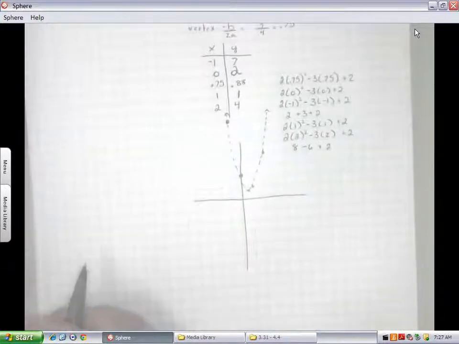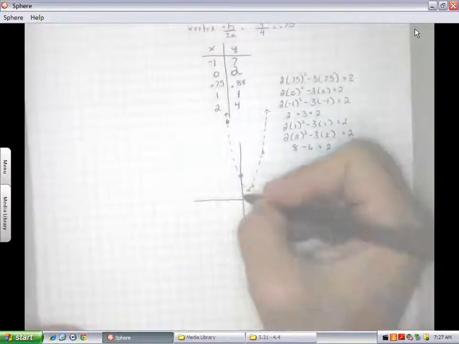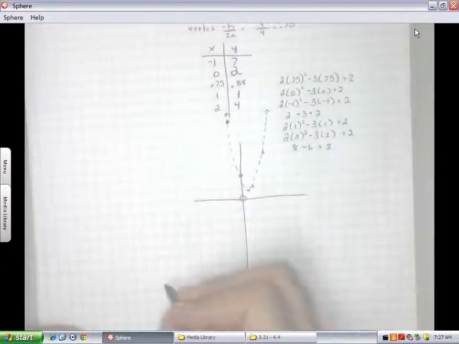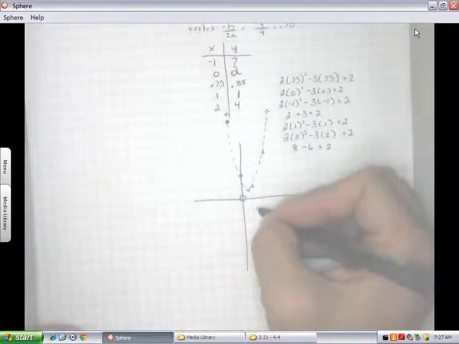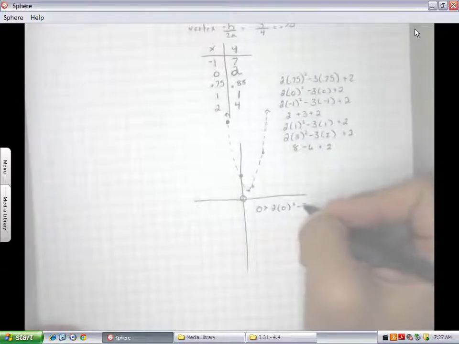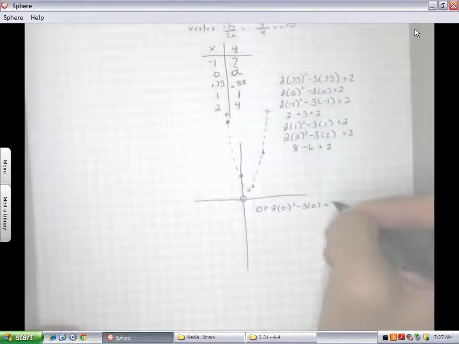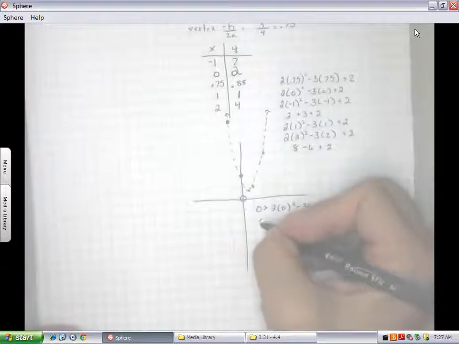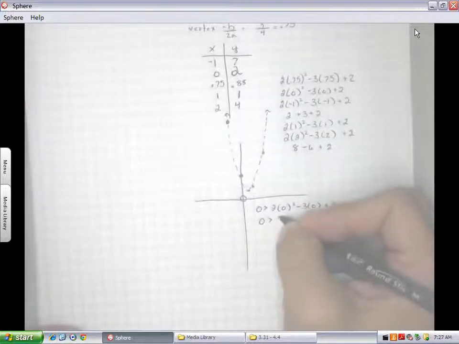So now I need to determine which direction I'm going to shade. Am I going to shade inside or outside this parabola? Well, since 0, 0 is not on the parabola, I'm going to use that as my test point. Is 0 greater than 2 times 0 squared minus 3 times 0 plus 2? Well, when I simplify that, I get 0 is greater than 2.